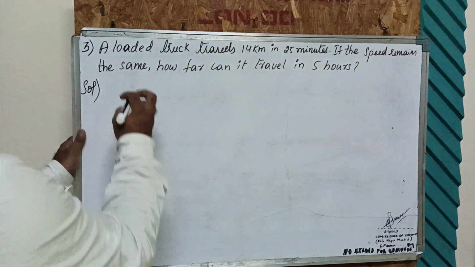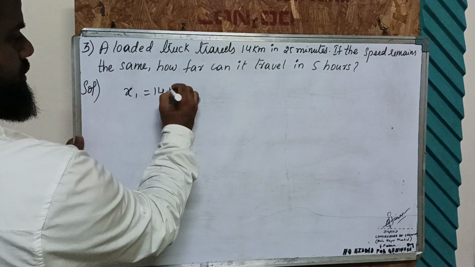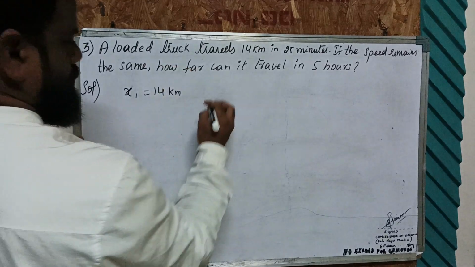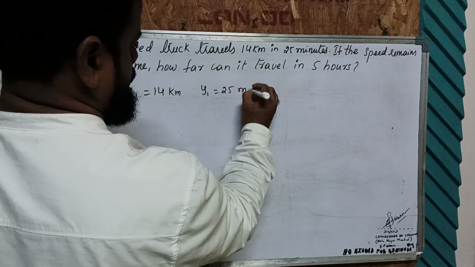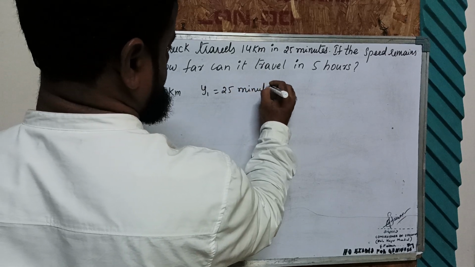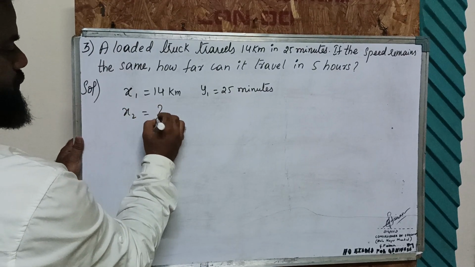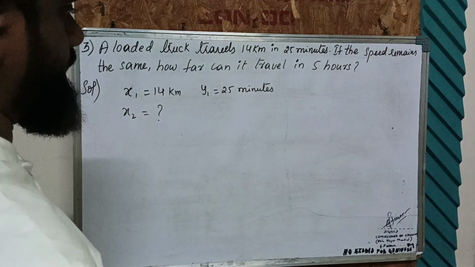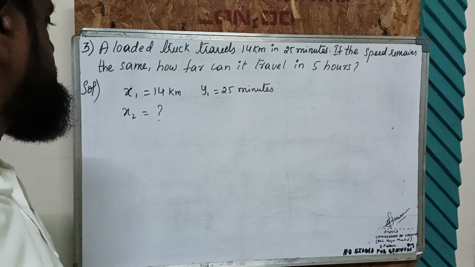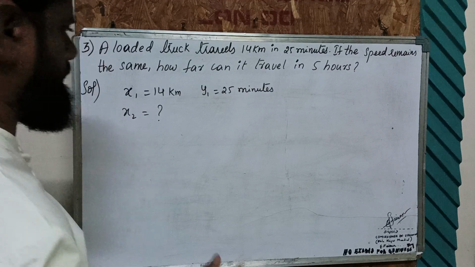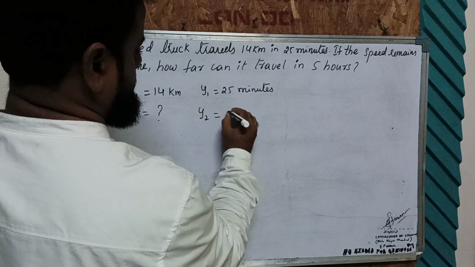So x1 is given as 14 kilometers, y1 is 25 minutes, x2 we don't know, we have to find x2, that is how many kilometers it can travel. y2 is given as 5 hours.